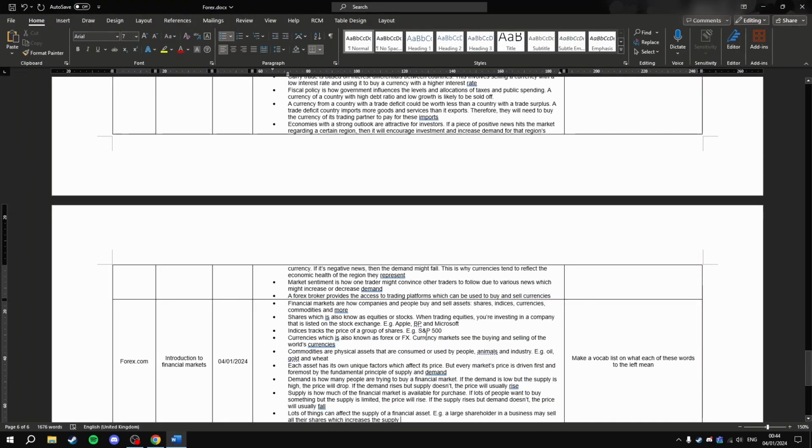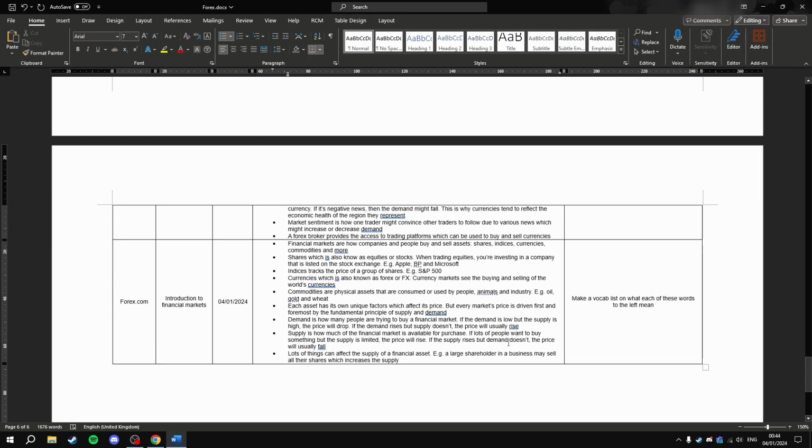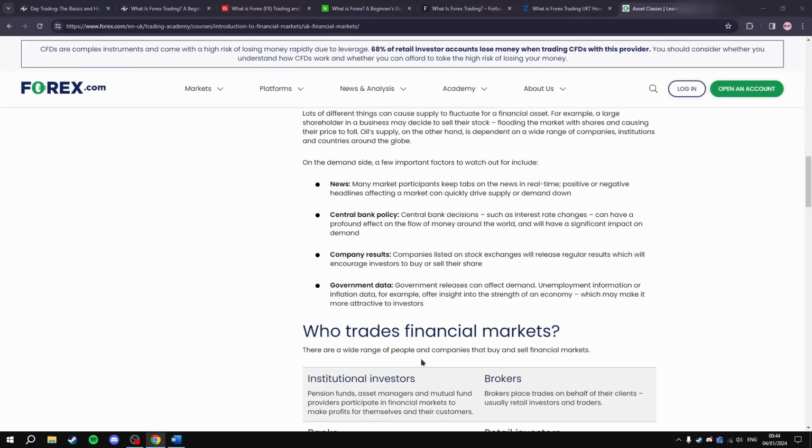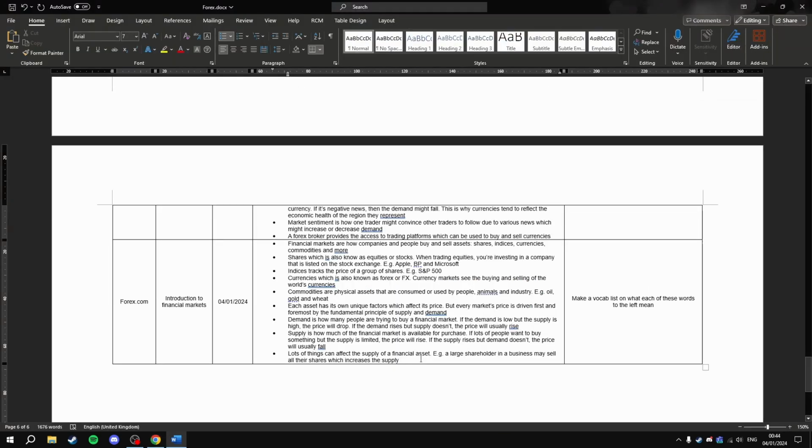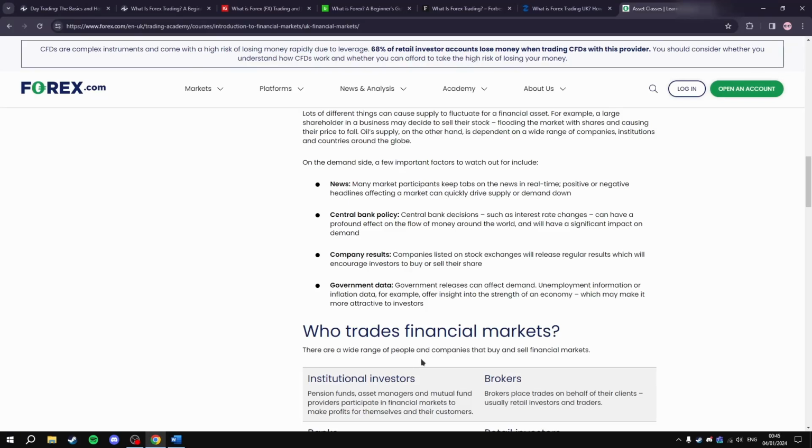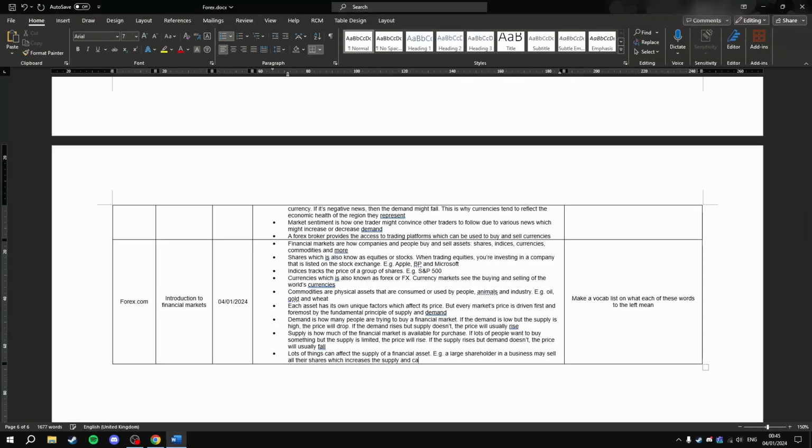If the supply increases but demand doesn't, the price usually falls.